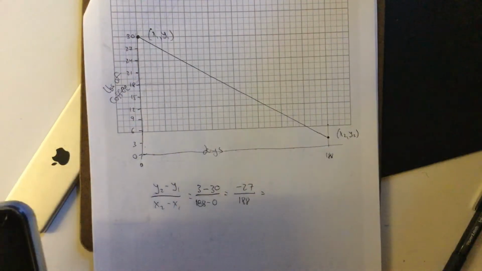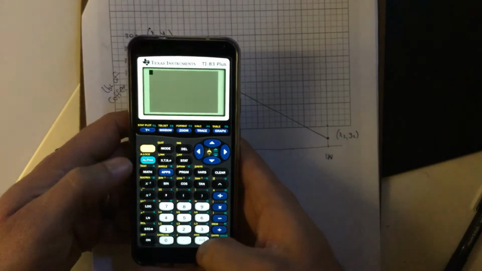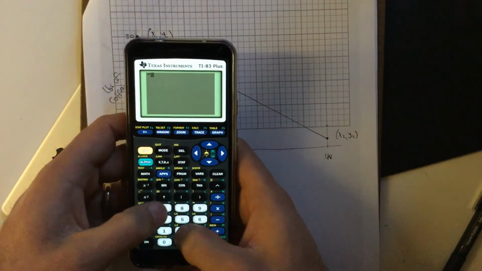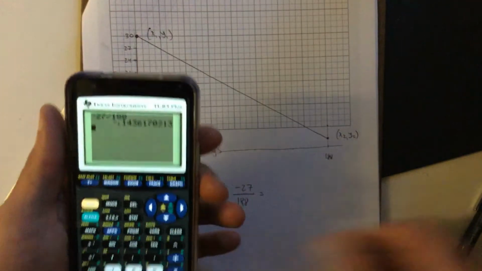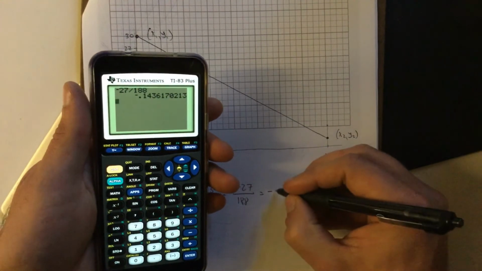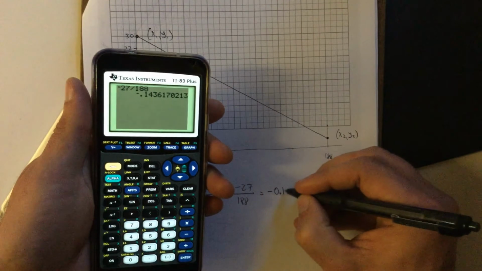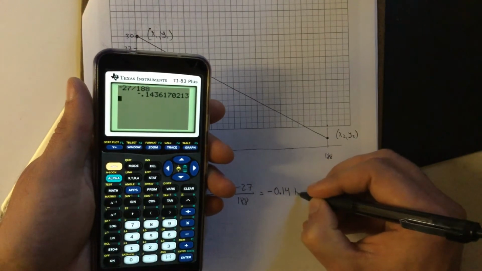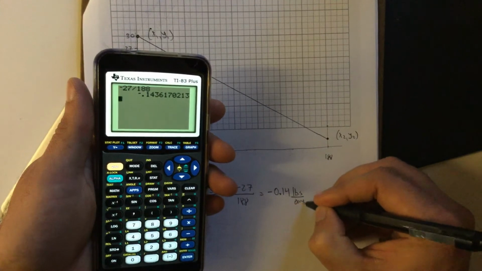So let's see what negative 27 divided by 188 is going to be. Negative 0. Let's just do 14, and that's going to be pounds of coffee per day.